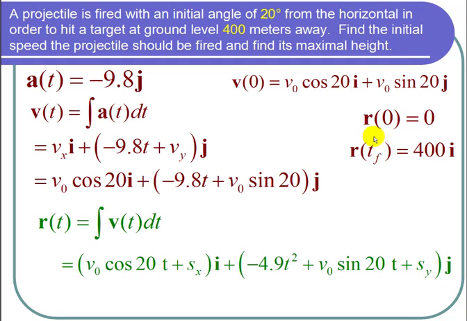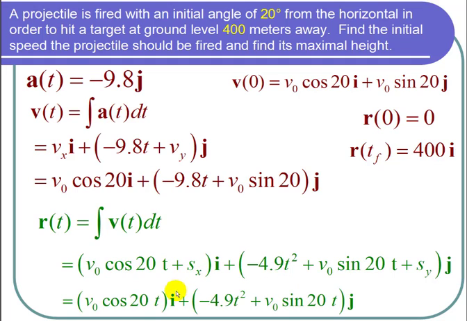But I'm given that r of 0 is 0, so if I plug in 0 for t, I'm just left with the two constants, so those constants are both 0.